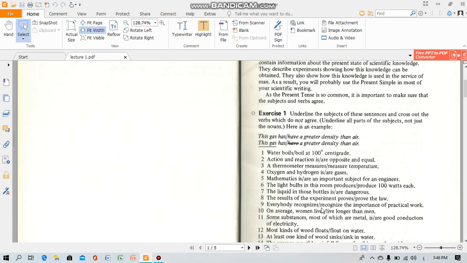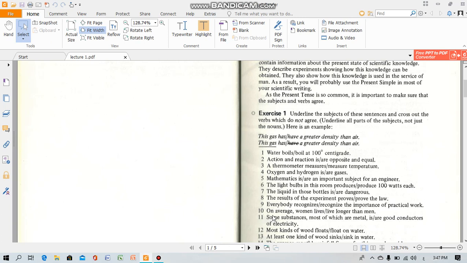Here we should notice we have two similar verbs, recognizes or recognize. Since we have everybody, which means one from the all, so everybody recognizes the importance of the practical work.